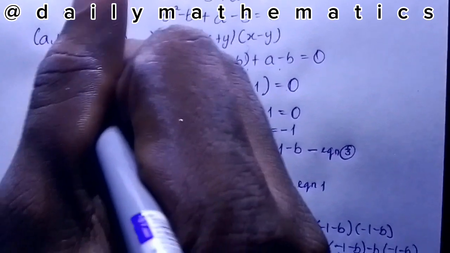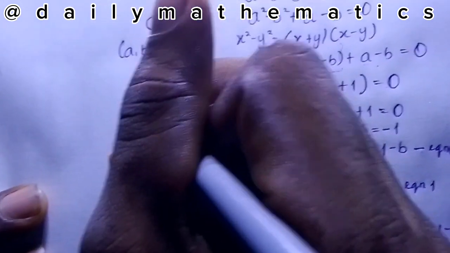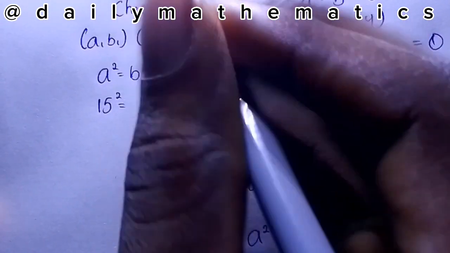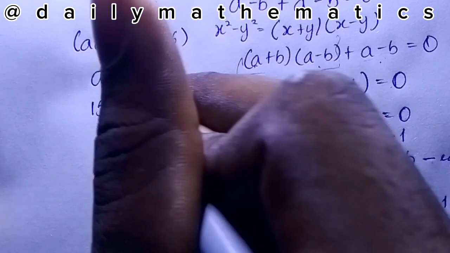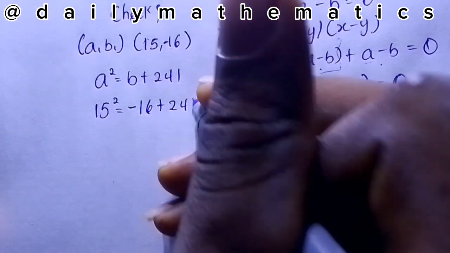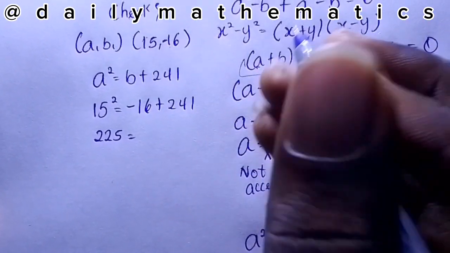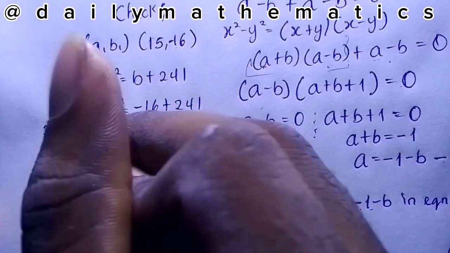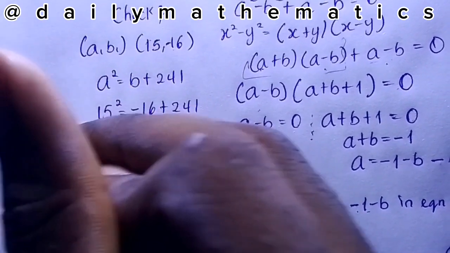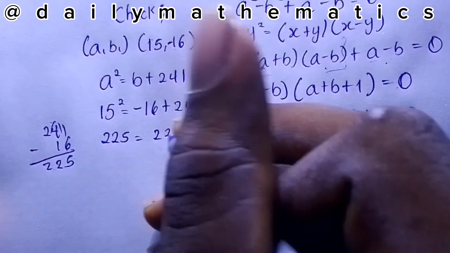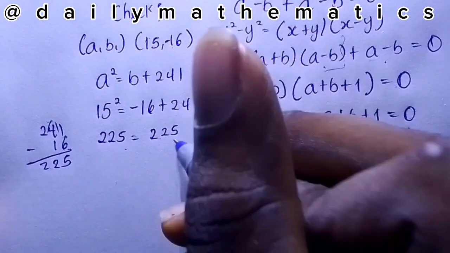A is 15, so we have 15 squared equals b, which is minus 16, plus 241. 15 squared is 225, and 241 minus 16 is also 225. So 225 equals 225, and this is correct.